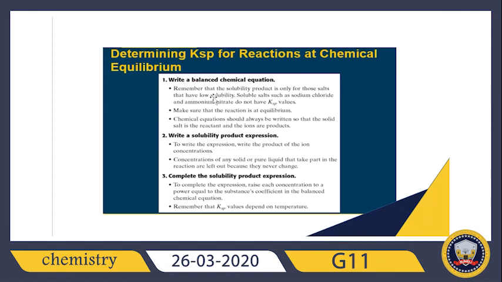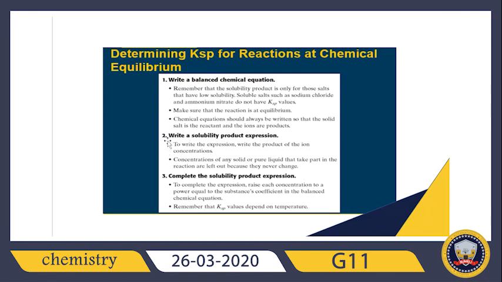But for soluble salts such as sodium chloride, for example, or ammonium nitrate, we don't need to calculate their KSP. Make sure that the reaction is at equilibrium, as we said. And chemical equations should always be written so that the solid salt is the reactant and the ions are the products, as we showed you in our example.